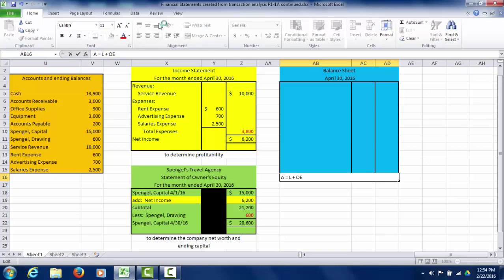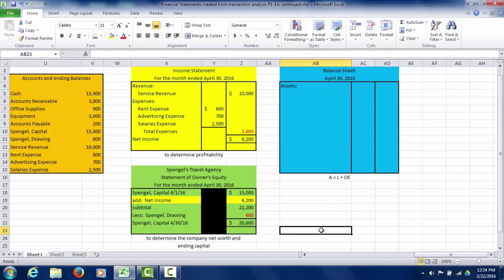Okay, here goes. So we're going to start off with the category assets. Remember, assets are things that you own. So look at our little orange box over to the left where all our data was. And basically cash, accounts receivable, the supplies, and the equipment would fall under the asset category.